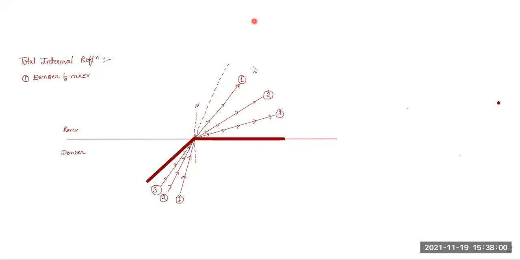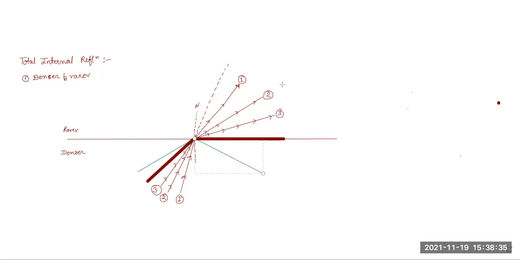Now the situation is like that. Suppose we make incident another ray whose angle is greater than this particular angle, like ray number 5, which goes like this. What is special that happens to this ray number 5 is that the ray is completely reflected inside the same material.